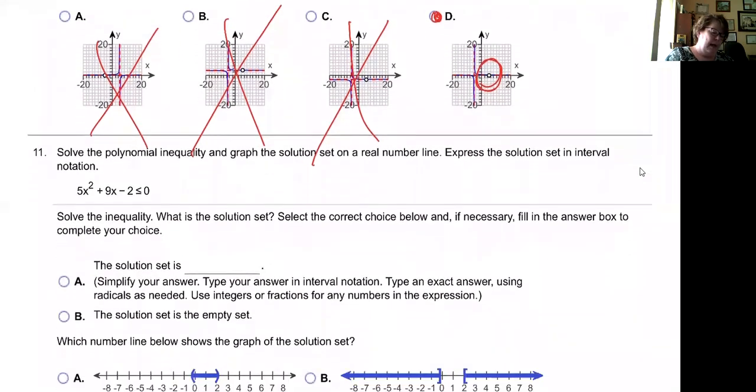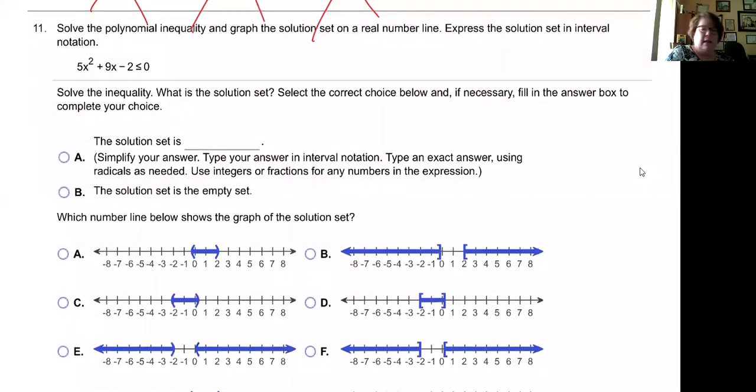All right, the last 2 problems on the exam are from the last section in chapter 3, section 3.6, where we looked at quadratic and rational inequalities. To solve a quadratic or a rational inequality, you must first find boundary points.